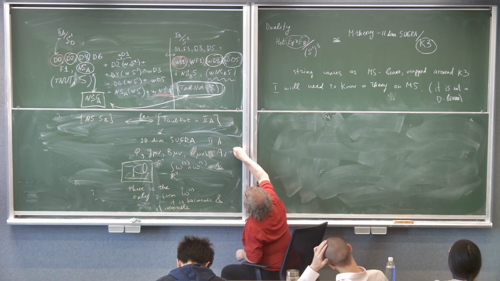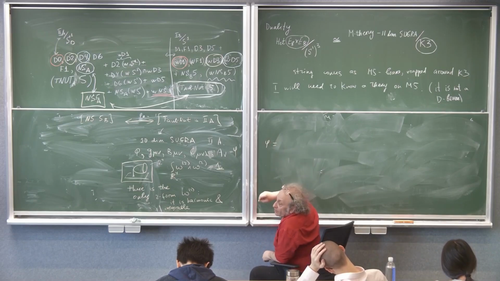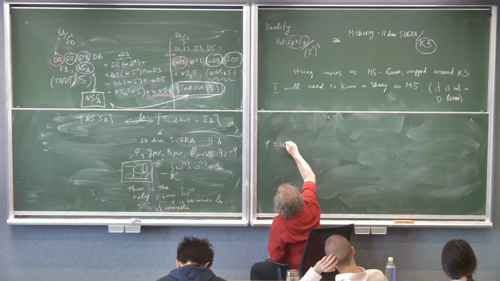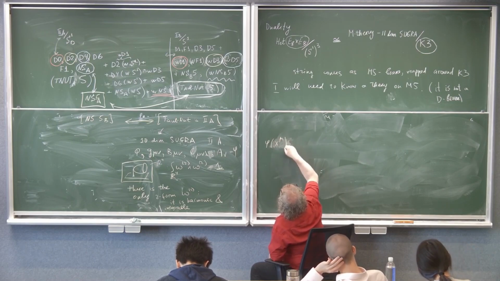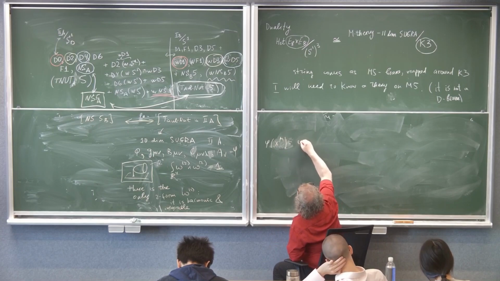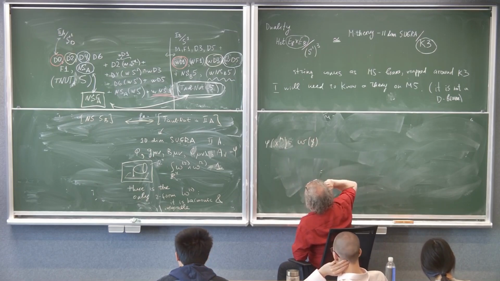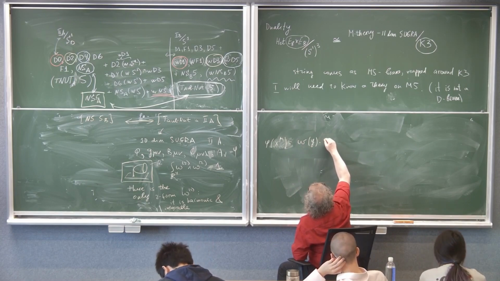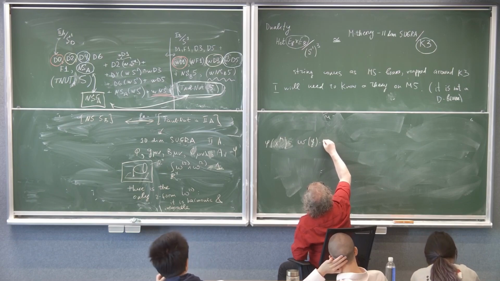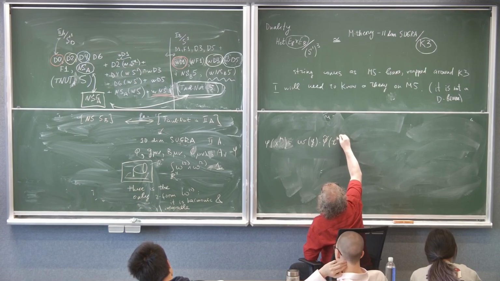So these are fields phi. I can write down field phi as this omega, that depends on y, times the field that I've called phi tilde that depends on x^m.